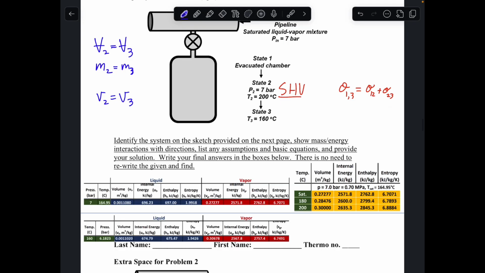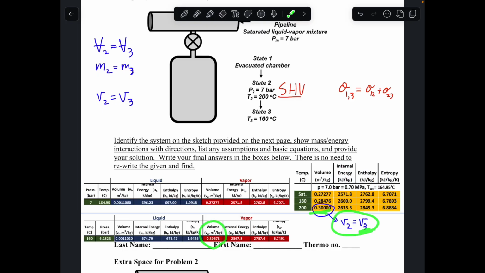So for our specific volume at state 2, remember we're in the superheated vapor range, so we can use this table. This will be our value for v2 and also v3. Now, the only information we have about state 3 is that we are at 160 degrees Celsius. So we bring in this third table, the saturation table at 160 Celsius, to check: is our volume v3 in between the values in the saturation table?